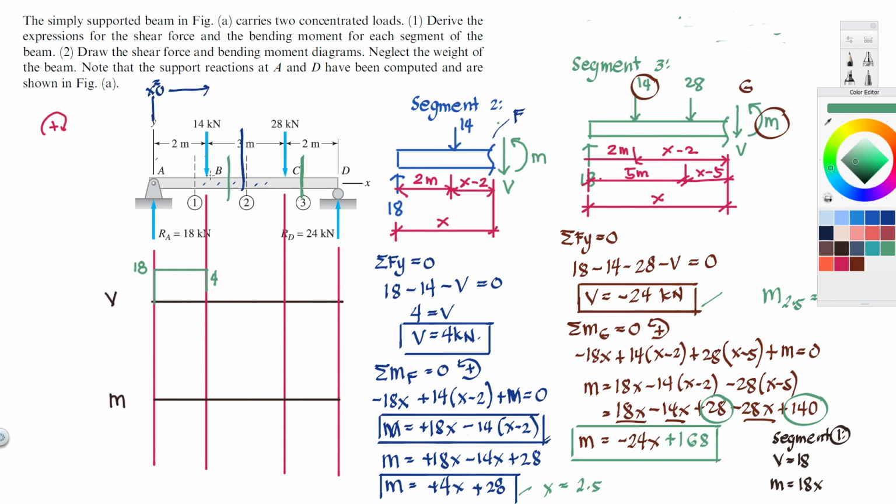From B to C there is no load, so it stays the same. Then I go down by 28. 4 minus 28 is negative 24. From C to D there is no load, so it is constant at negative 24. Going up, you add 24, so that becomes 0. So this is now the shear diagram.